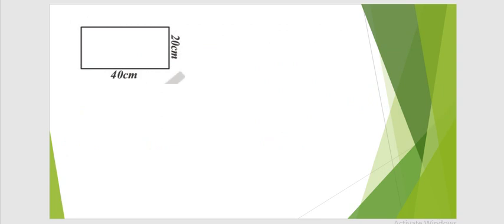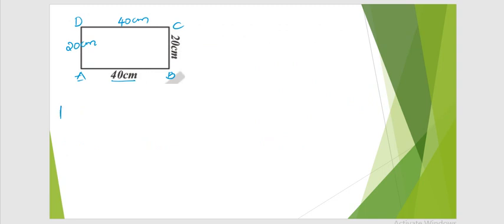The same way, if I move on to this next question, consider this shape as a rectangle with vertices A, B, C, D. If this side is 40 centimeters, this is also 40 centimeters, and if this is 20 centimeters, this is also 20 centimeters, so clearly it is a rectangle.